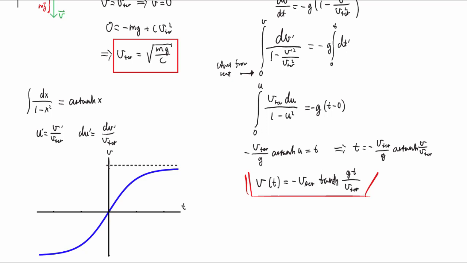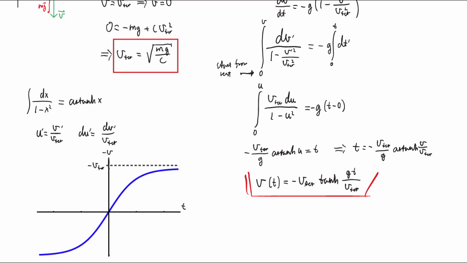It asymptotically approaches 1. So what happens here is that the velocity asymptotically approaches v terminal, actually minus v terminal, so I actually plotted this upside down. But no matter. If you say this is minus v versus t, then this is correct. Okay.